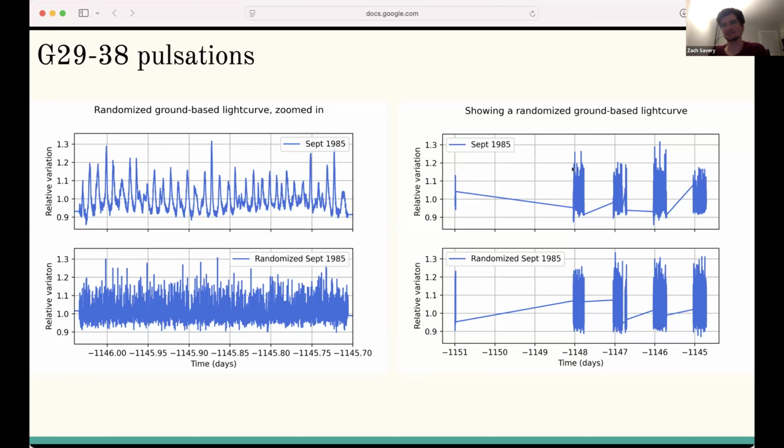That inherently introduces artificial pulsation, because when you stop observing that is a very hard cutoff, and when you start observing that is a very hard cutoff. Having multiple nights of observations, as well as observations from other telescopes, can limit that introduced pulsation, which makes it easier to identify and explore the pulsations we see in the true data of G29.